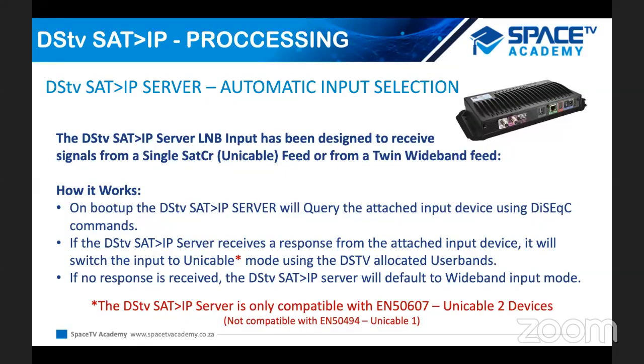The very first generation of Explorer switches, the little black ones that came with Explorers in the box, that was a unicable 1 EN 50494 standard device. You might remember that that device only had 5 user bands, which is obviously not sufficient for the server. And that is hence the reason why it is not compatible with unicable 1, because they were limited to a maximum of 8 user bands, and we require at least 24 user bands if we use a unicable feed on the SATIP server.